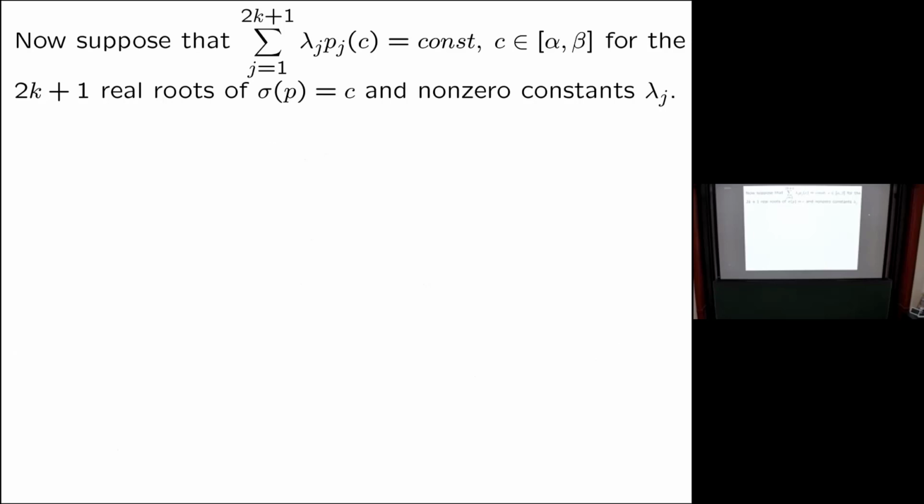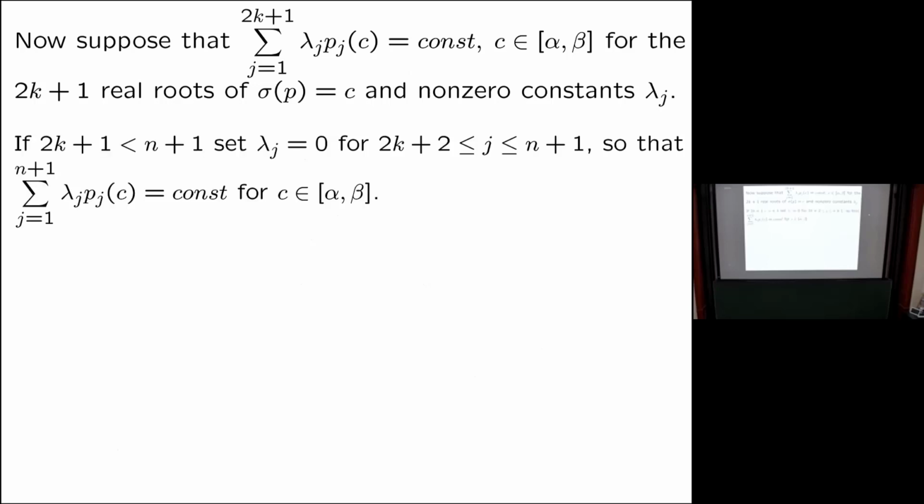And now, if you suppose that the sum of this is a constant for non-zero constants lambda j, then if 2k plus 1 is strictly less than n plus 1, you set lambda j equals 0 for j between 2k plus 2 and n plus 1.